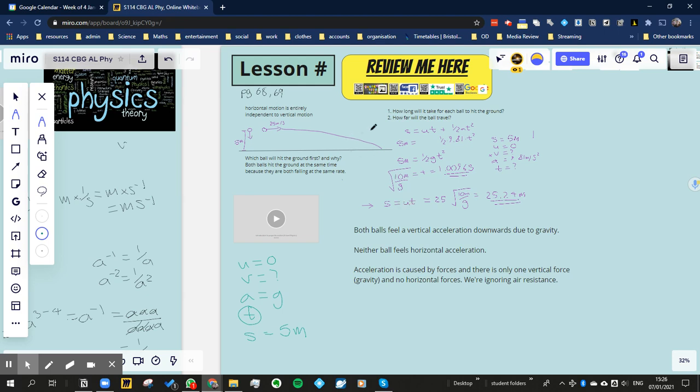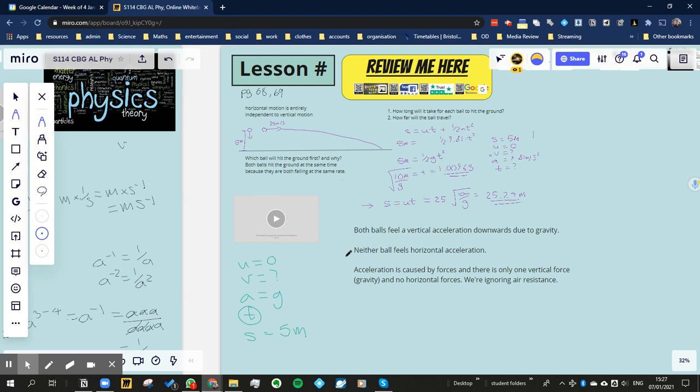So this is how far will the ball travel. This means the one to the right. I've not written the question very well, but for the one to the right, how far is it going to travel? Well, it's going to be the same amount of time for the journey. So we're going to use 1.0096 seconds, and we would just sub it all in, and we find out it's 25.24 meters.